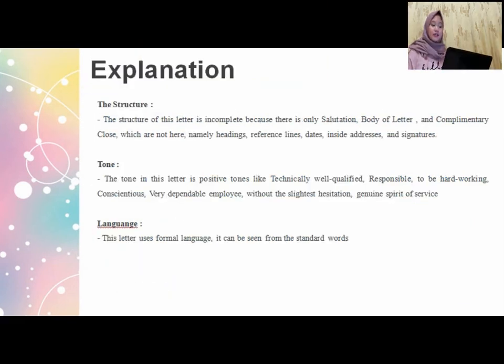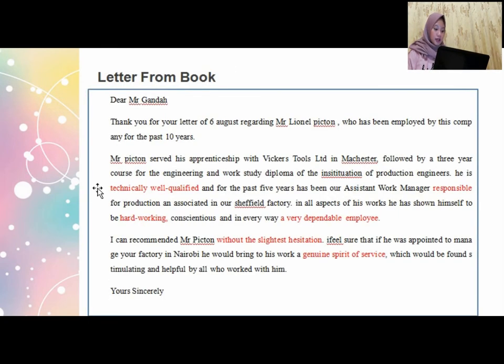Second, tone. The tone in this letter is positive, like technically well qualified, responsible, hardworking, a very dependable employee, without the slightest hesitation, genuine spirit of service.